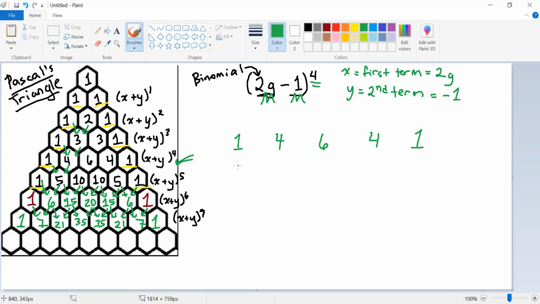Now we have to fill in how these terms are going to change. They're going to change by their exponents. For the first term, the exponents decrease, or go down. And for the second term, the exponents increase, or go up.